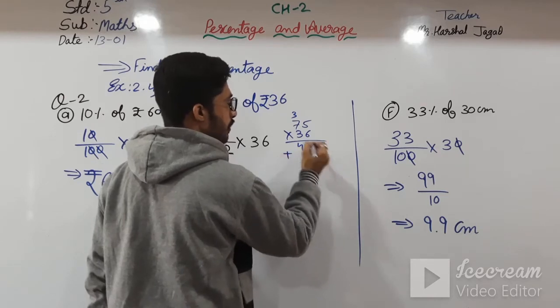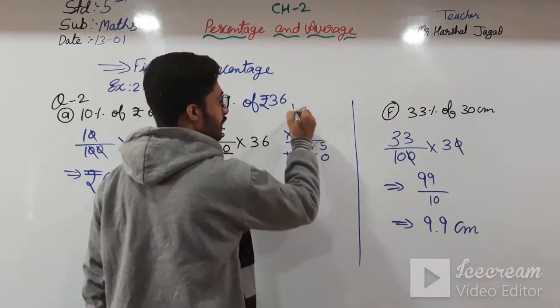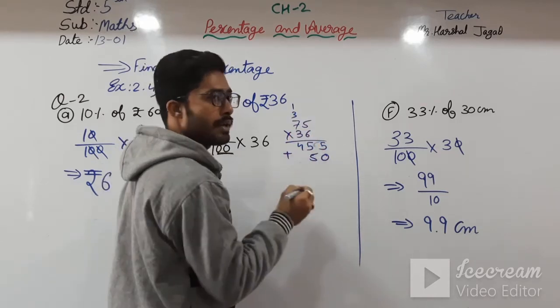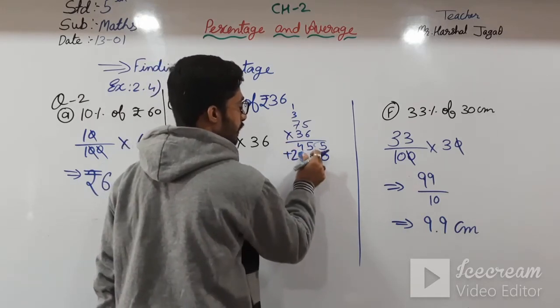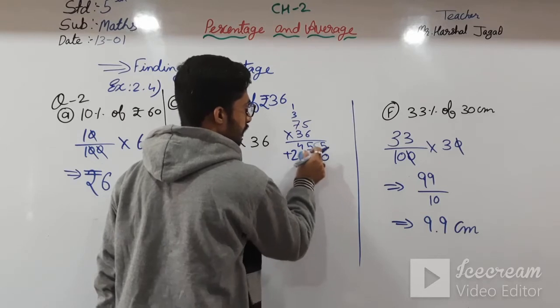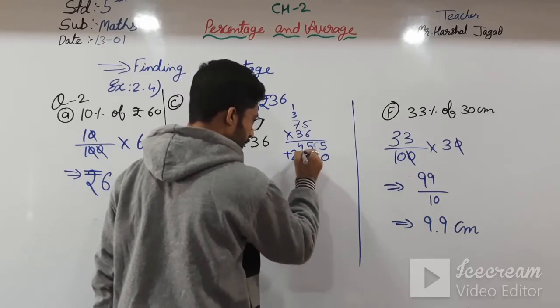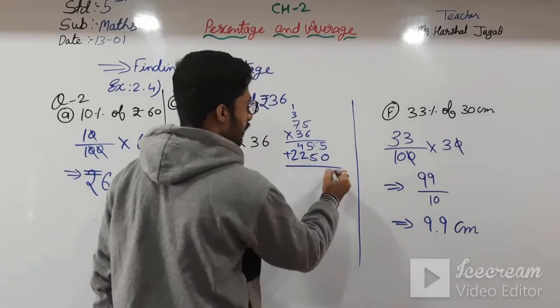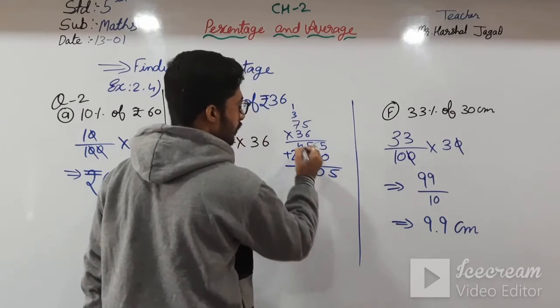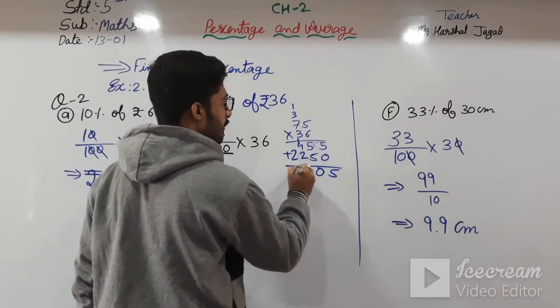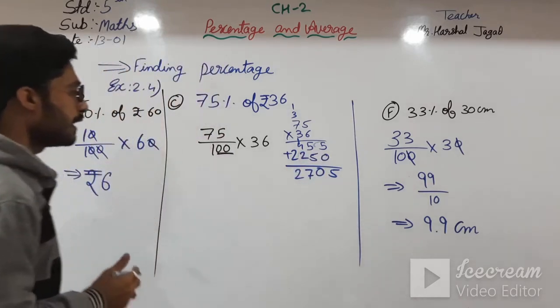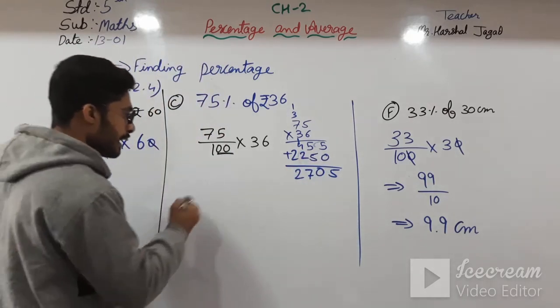Plus 0, 5 3s are 15. 3 7s are 21, plus 1, 22. Okay, here 5, here 0, here 1. 4 plus 1, 5 plus 2, that is 7, and here 2.